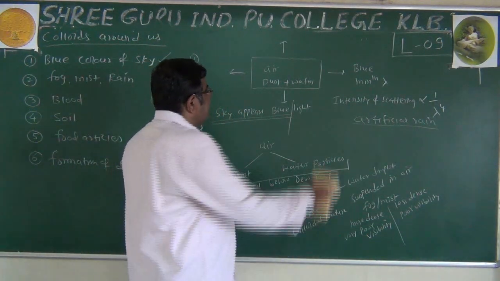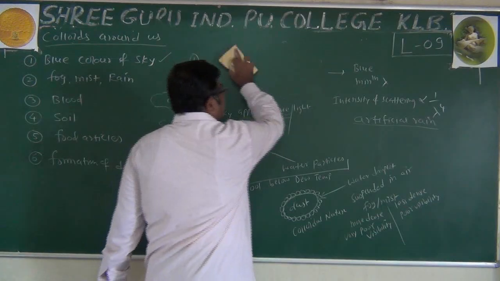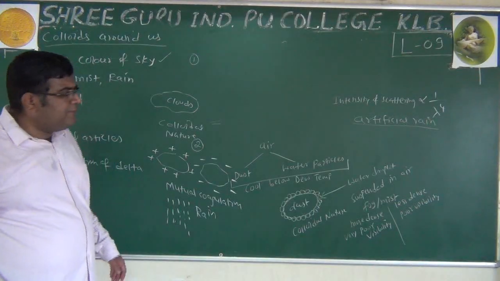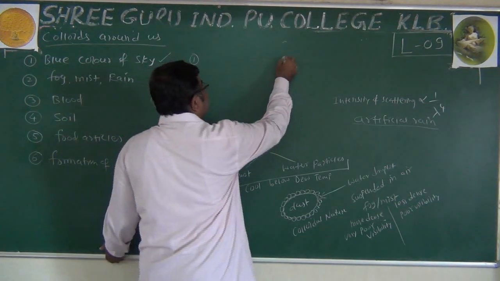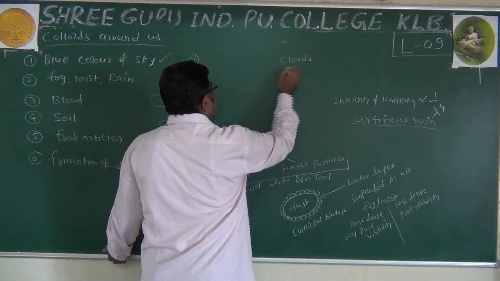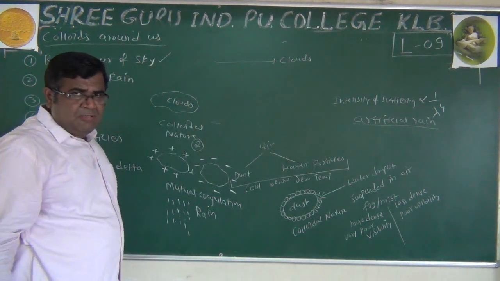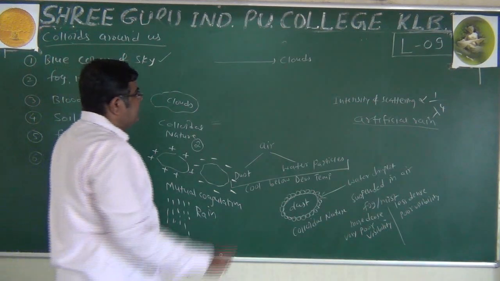So this artificial rain can be caused on these clouds which are either positively charged or negatively charged.